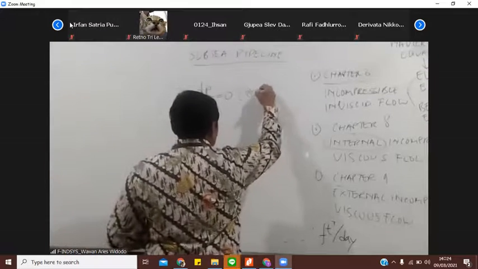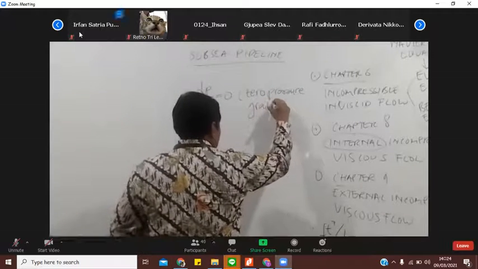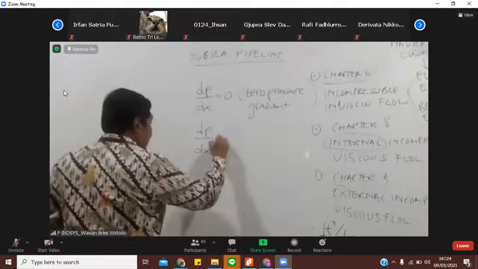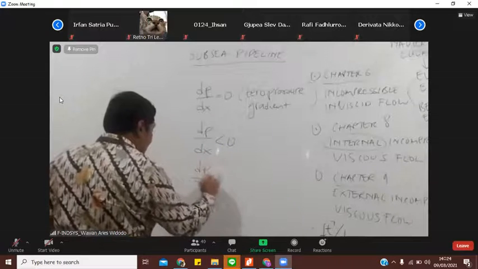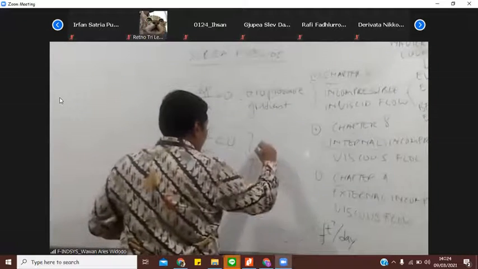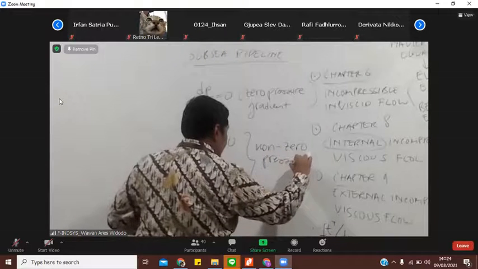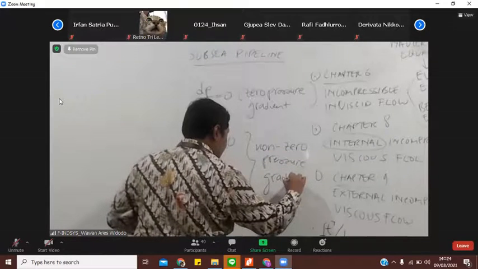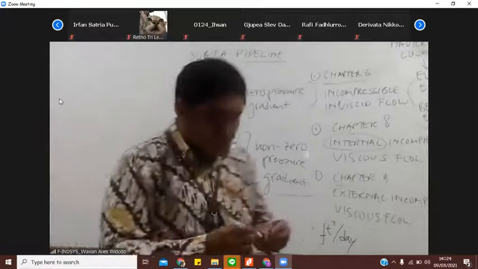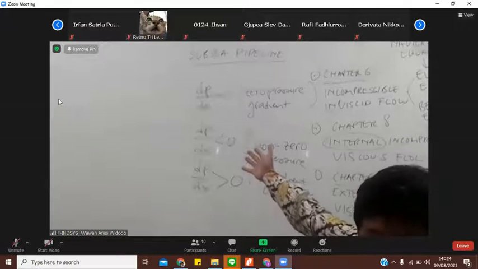If it equals zero, that is zero pressure gradient. If it is less than or more than zero, this is non-zero. Okay, this is the terminology, zero pressure gradient or non-zero pressure gradient.